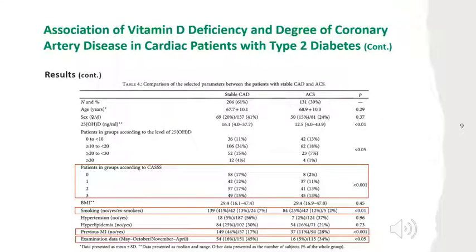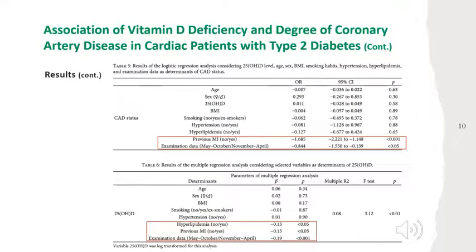Lower 25-hydroxy vitamin D levels were observed in patients with a history of myocardial infarction in comparison to patients without previous myocardial infarction.